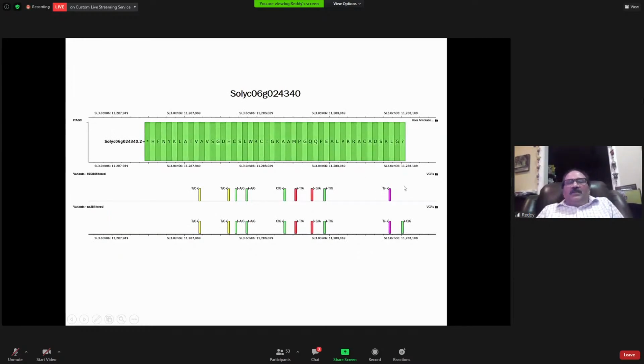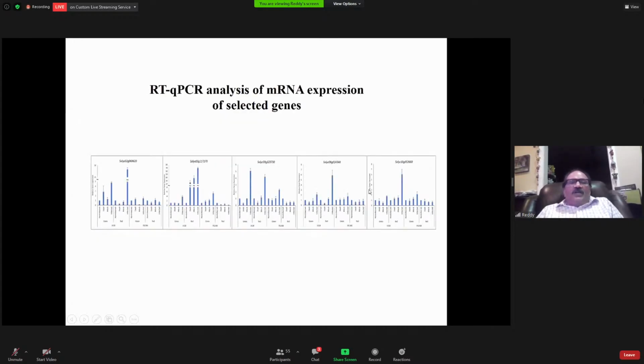But this gene is another important gene, and this gene has an extra SNP here. This is very important for resistance. That is lost in the susceptible. You see the alleles of the same gene that make it resistant and susceptible. So we did RNA-seq and identified that these genes indeed have differential regulation, and then used qRT-PCR just to quantify them.